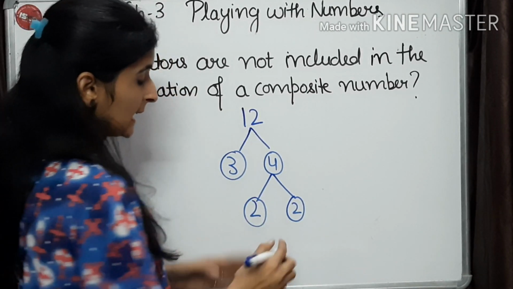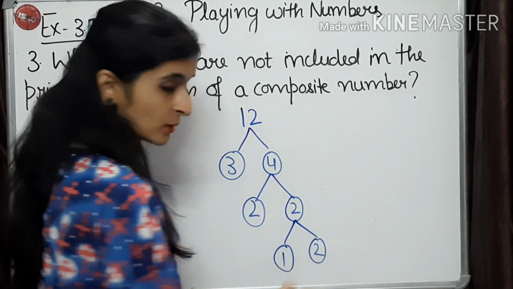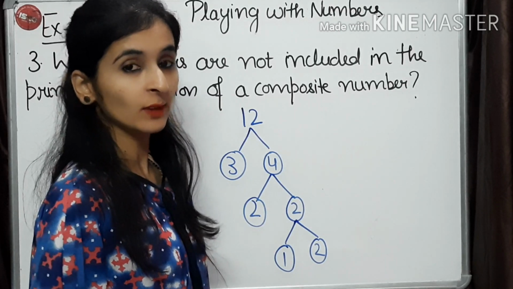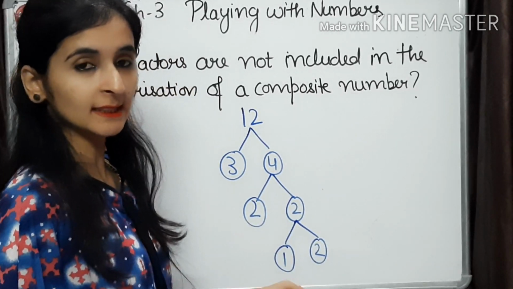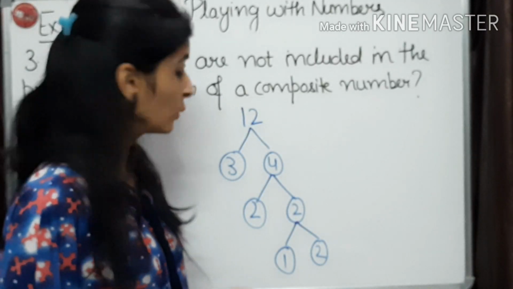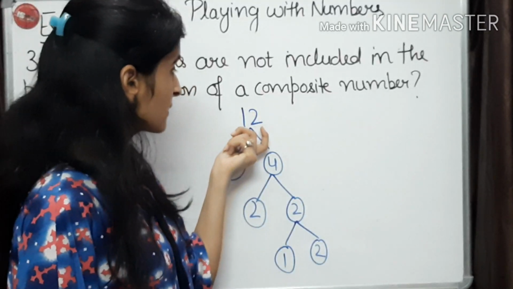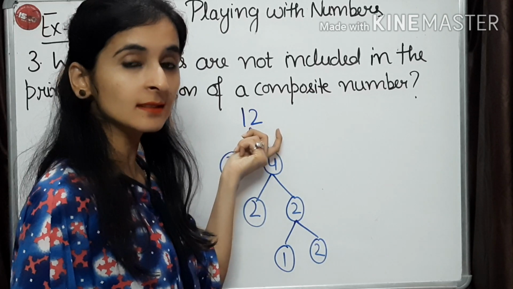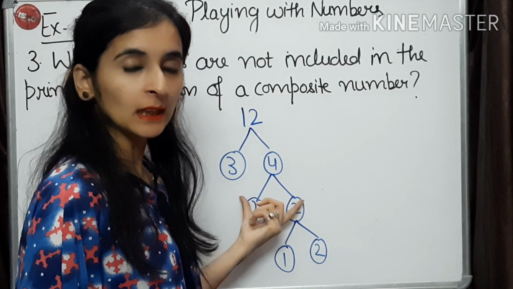Children, I can write this 2 also as 1 two is 2, but I am not writing it. Why? Because in the prime factorization of a composite number, we do not include 1 and the number itself. That is why we are not taking this 12; we are factorizing this number 12.